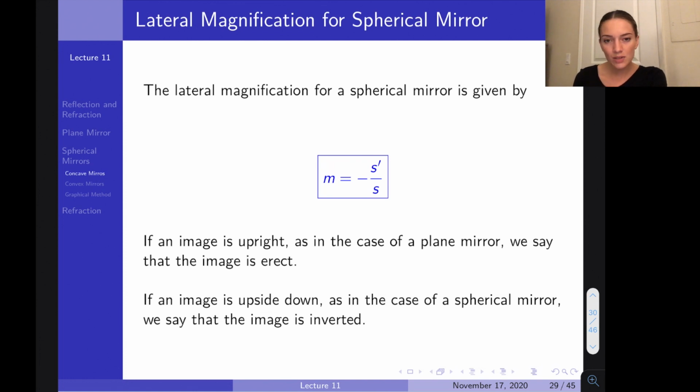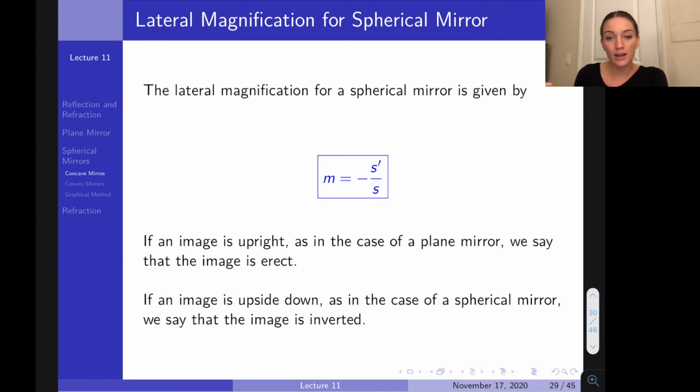The negative is important because remember, in some cases s prime can be positive or negative. So it's important to remember that there's a negative here because that will obviously change our magnification. In the case of a plane mirror, the lateral magnification was just +1, right? Because you look at yourself, you're in the same direction, you're the same size as in real life.